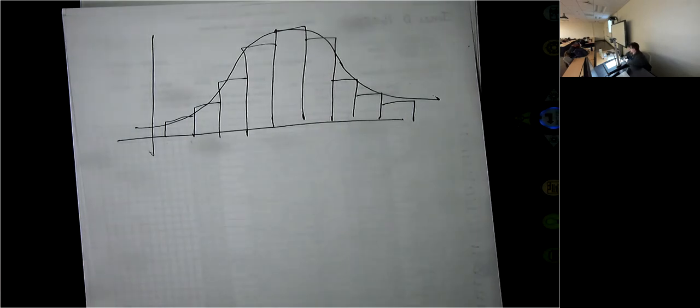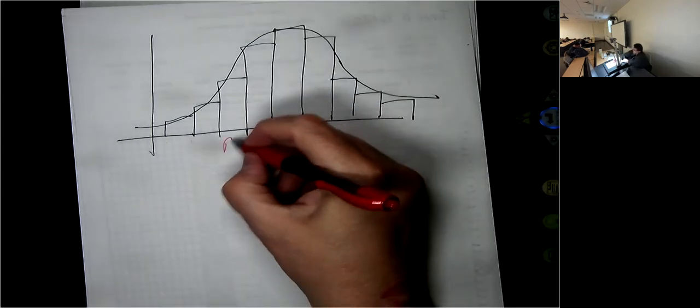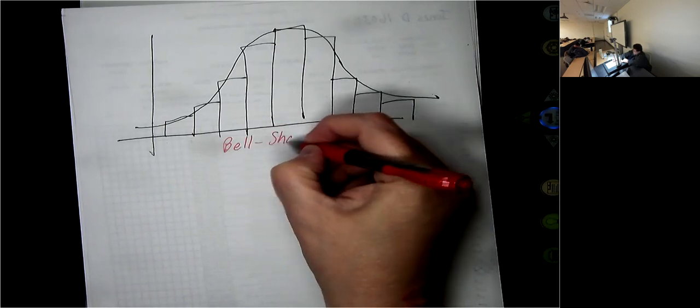This is not called skewed middle. That doesn't make any sense. Skewed means something's off, and here everything's just peachy. So this is a symmetrical graph, and it's called bell-shaped, or a bell-shaped curve.